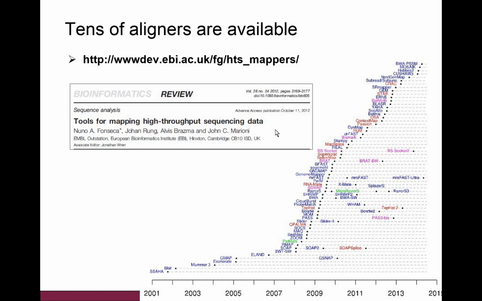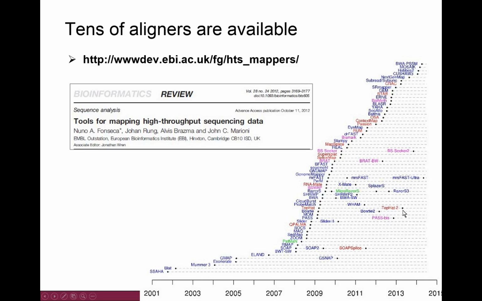There are lots and lots of these mapping programs or aligner programs available. So we are using TopHat 2 here. There's another very good aligner program called STAR. This is something we are integrating into Chipster very soon. It's actually already in our development version, so we will be releasing it quite soon.